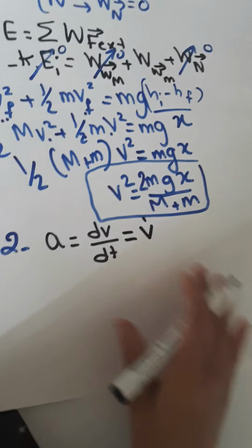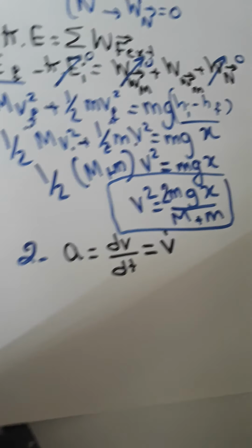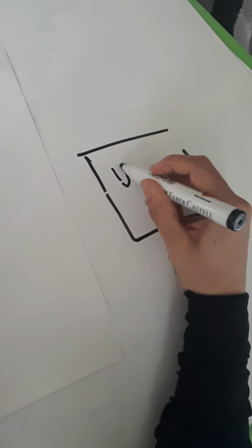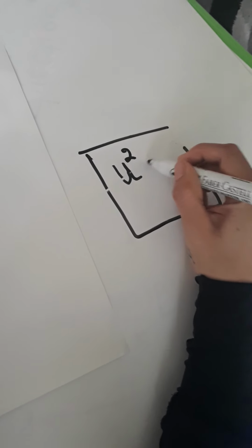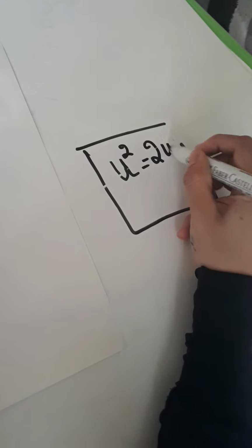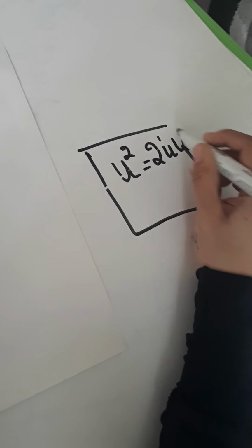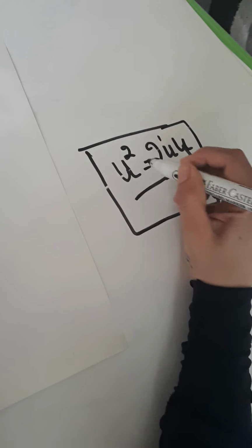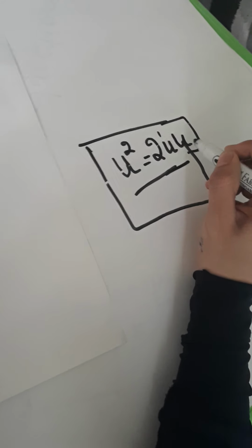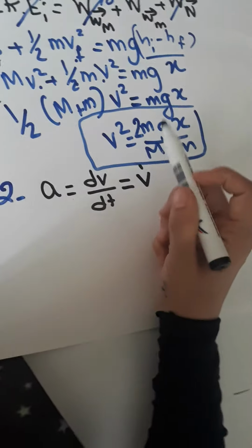I want to use here a mathematical relation which says that the derivative of u squared is 2u prime u. Please, I will use it, it's very important.